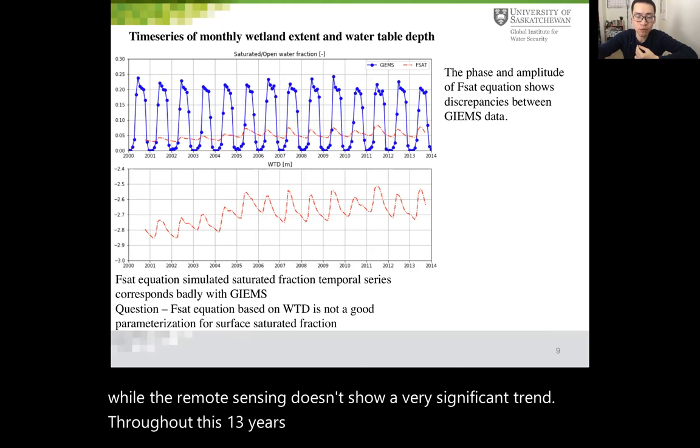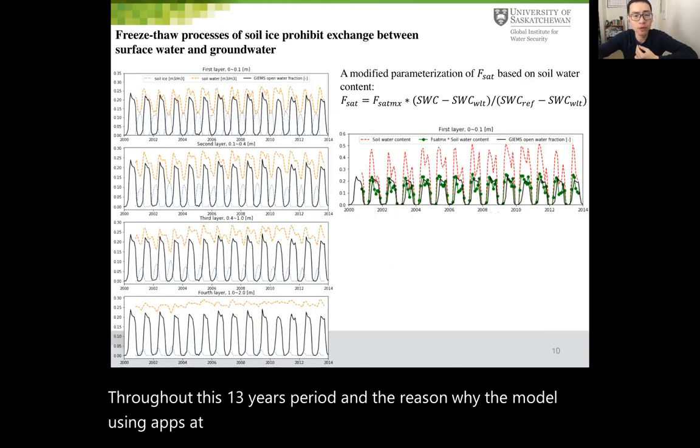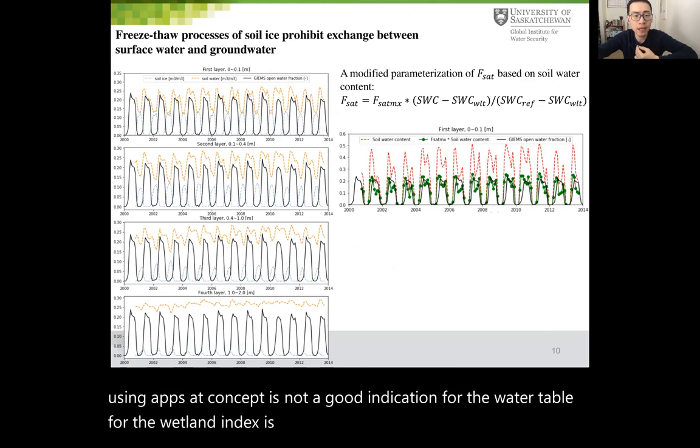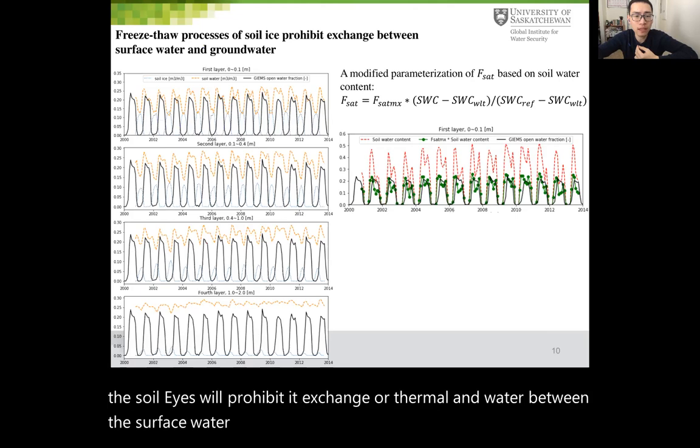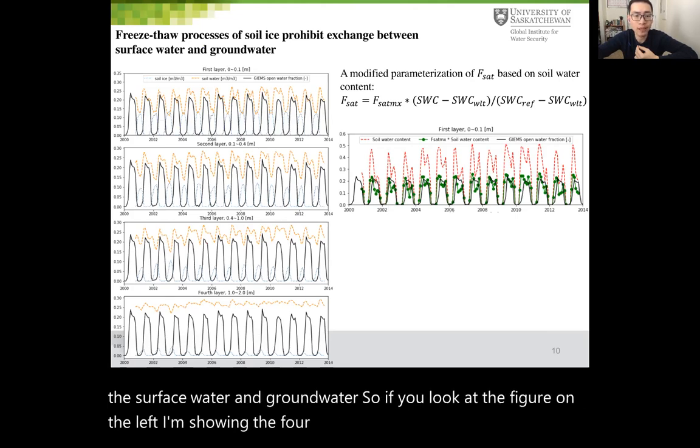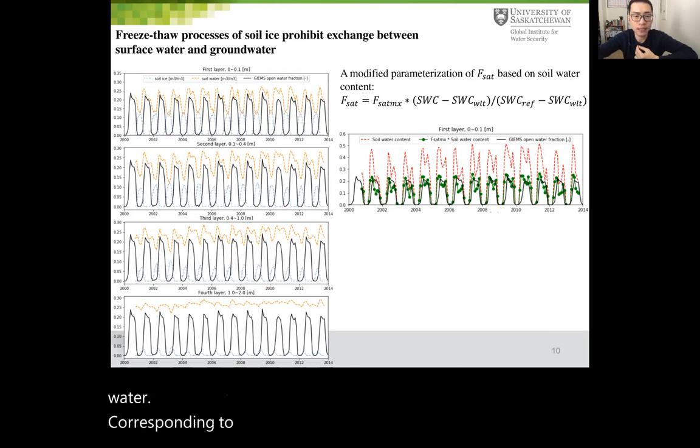The reason why the model using the FSAT concept is not a good indication for the wetland index is maybe that the freezing of the soil ice will prohibit exchange of thermal energy and water between the surface water and groundwater. If you look at the figure on the left, I'm showing the 4 layers of soil ice and soil water corresponding to the remote sensing index.